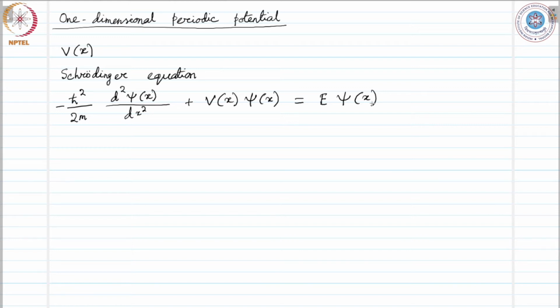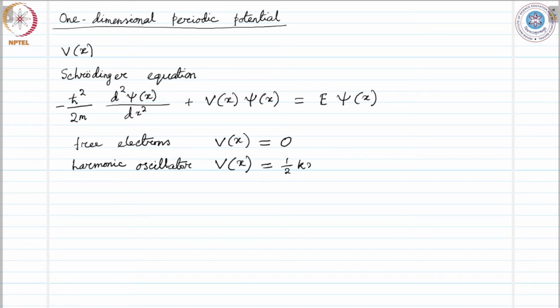Now the solution of the Schrödinger equation is known for free electrons, for which the potential is always 0, for harmonic oscillators, for which the potential is given as half k x squared, and for a uniform electric field, for which the potential is expressed as V(x) equals the electronic charge, the proton's charge, times the electric field times x.